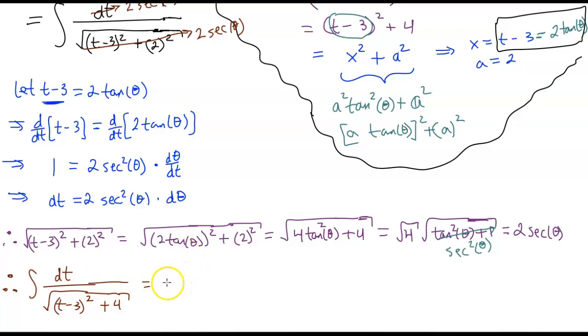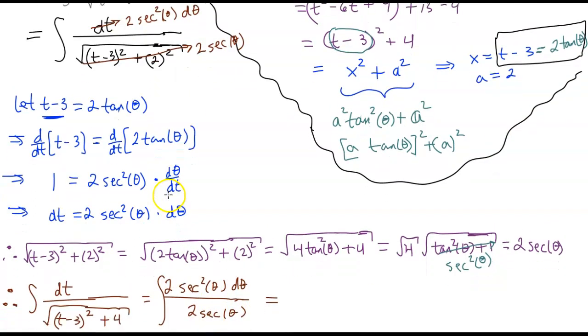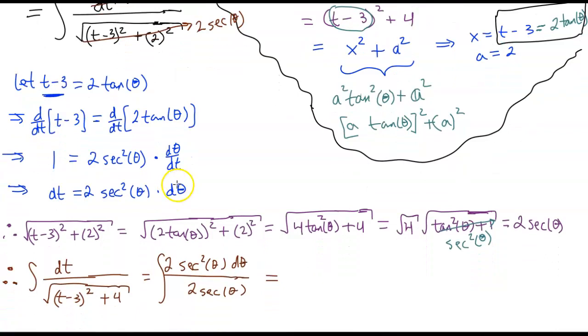And so now all that is just going to be 2 secant squared theta d theta all over 2 secant theta, an integral of that. Let's make sure I wrote everything. Yep. And so, of course, we see that all that just simply simplifies to just the integral of secant theta d theta.